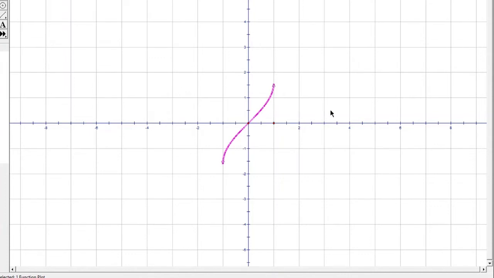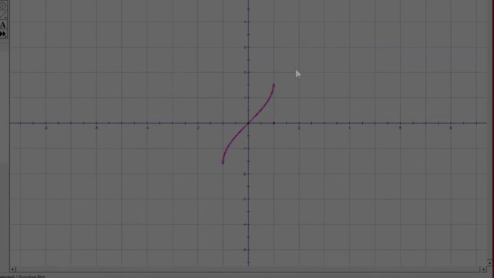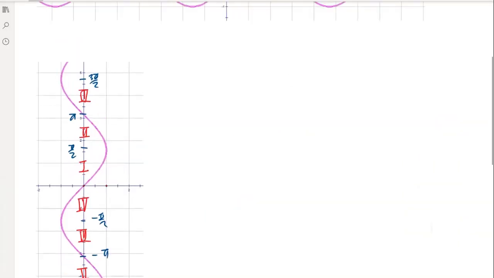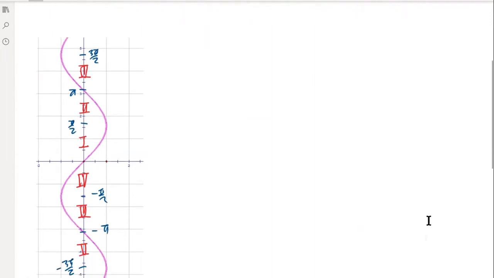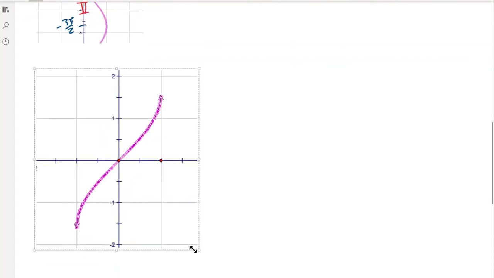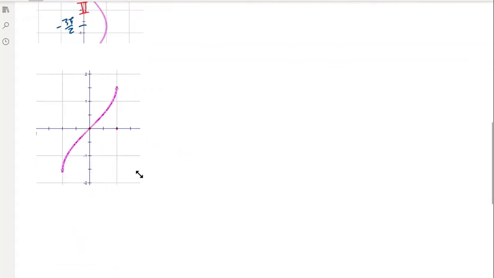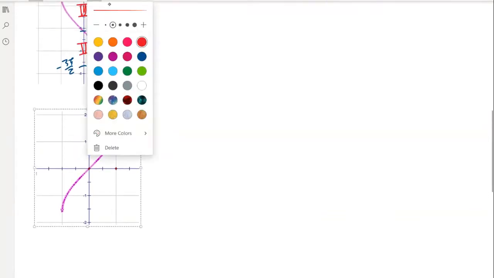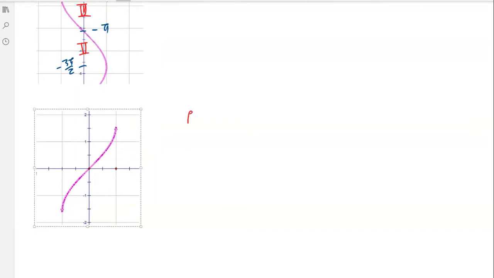Yeah, let's make a copy of this. So if I make a copy of this and go back, I'm gonna put it right here below. So this is an inverse function. Okay, I'm gonna write f of x.